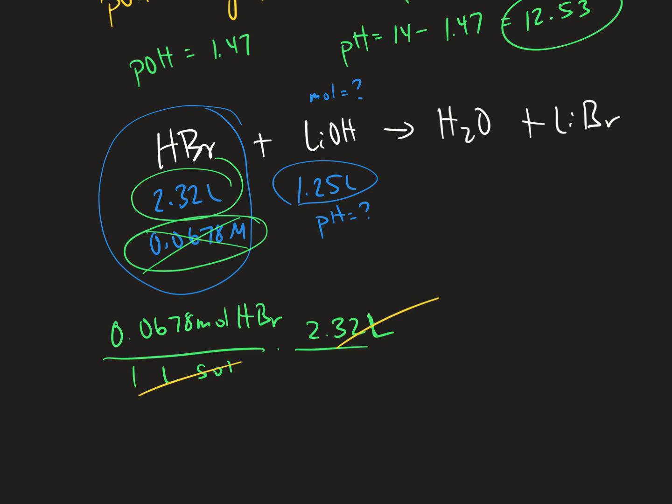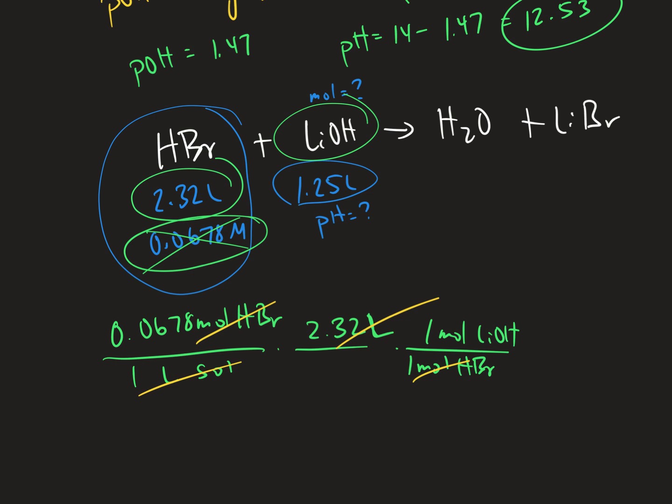What can we convert to now? Moles of LiOH. What's the mole-to-mole ratio? 1 to 1. Good. 1 mole of HBr to 1 mole of LiOH. That goes away. Now what can we do?